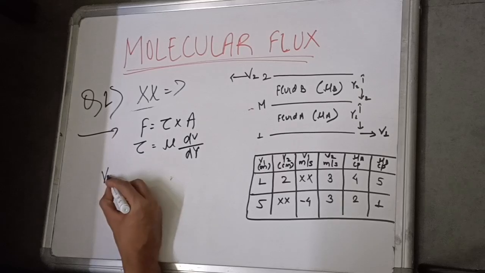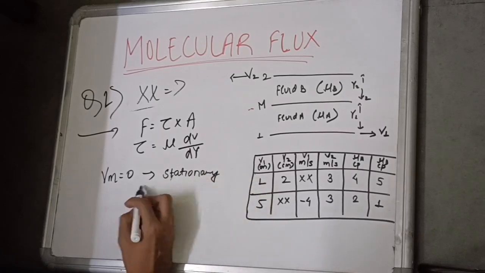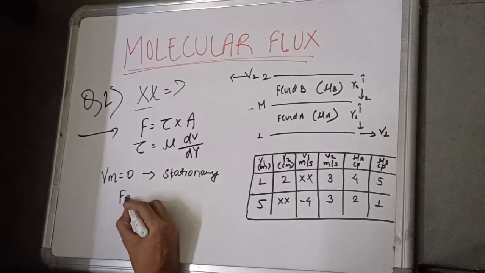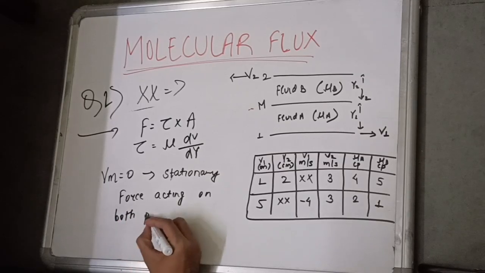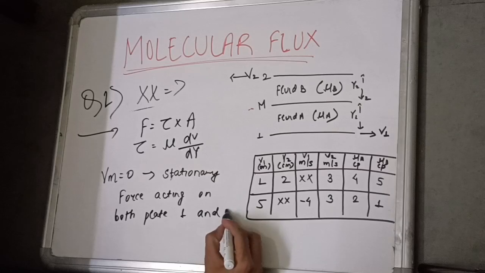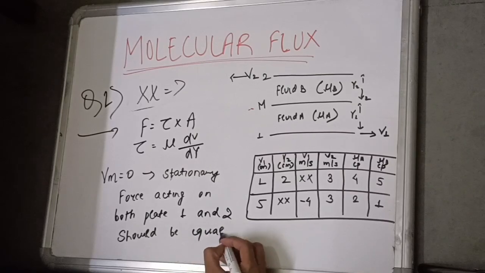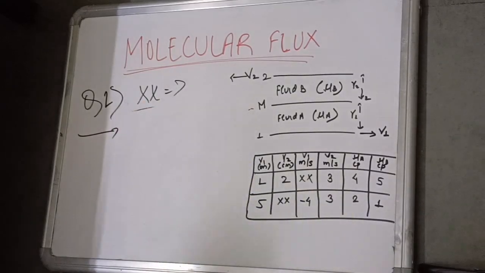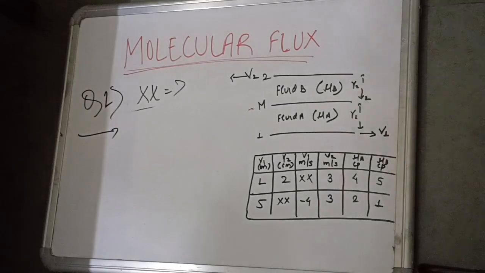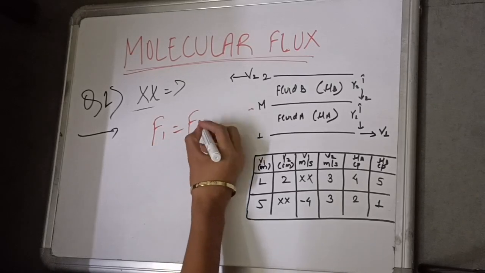To keep Vm at 0, meaning stationary, the force acting on both plate 1 and 2 should be equal, which means F1 equals F2.